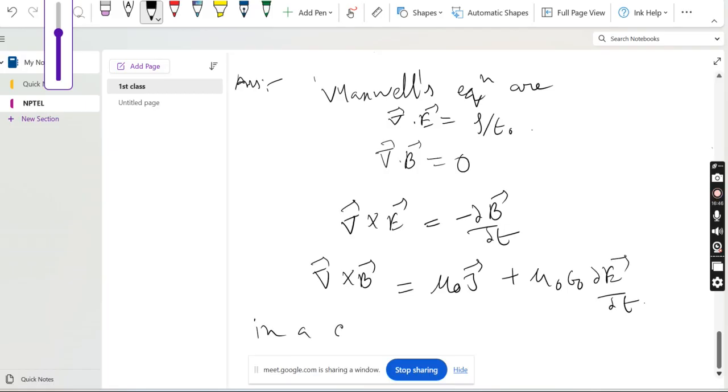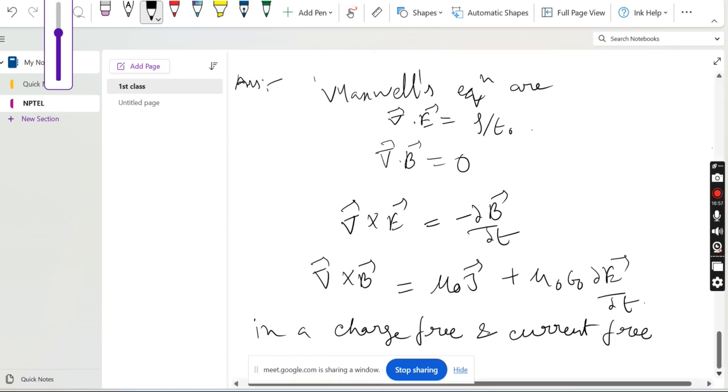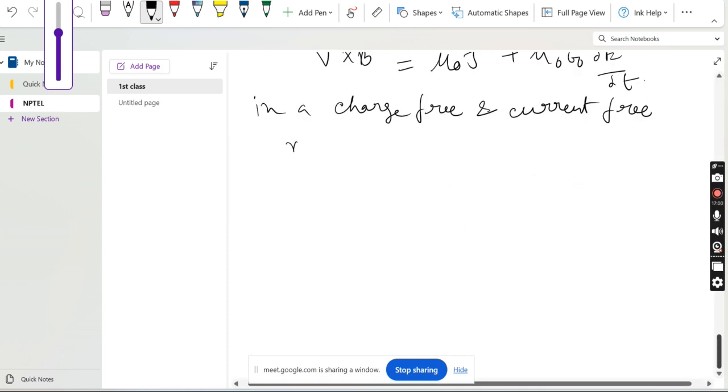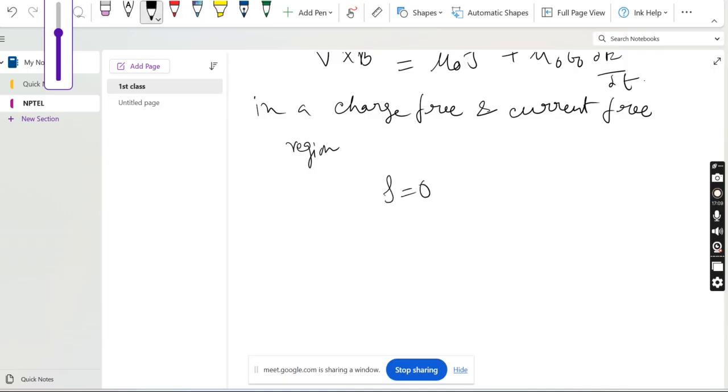So in a charge-free and current-free region, rho is 0 and J is 0. So now divergence of E is 0.